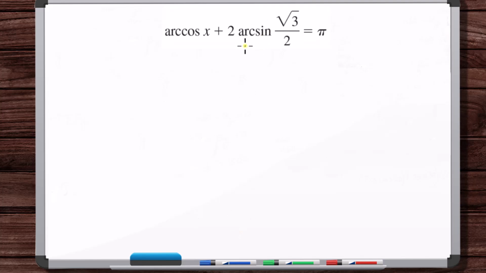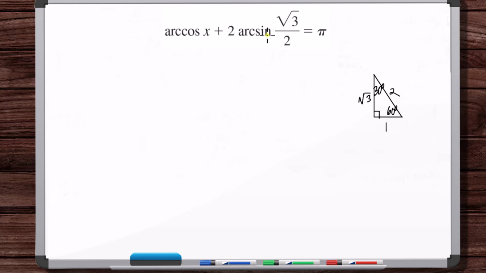Okay, so here we see we've got an inverse trig function of a value, not just a variable. Let's go ahead and evaluate this. So, okay, what angle, when you take its sine, do you get root 3 divided by 2? We can think about the 30, 60, 90 triangle. Okay, so a sine of 60 is root 3 divided by 2.